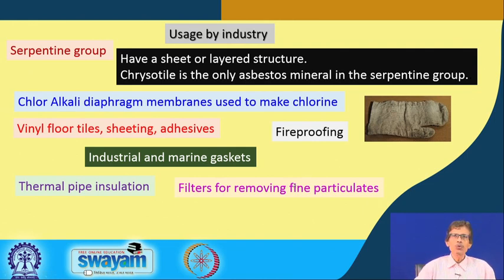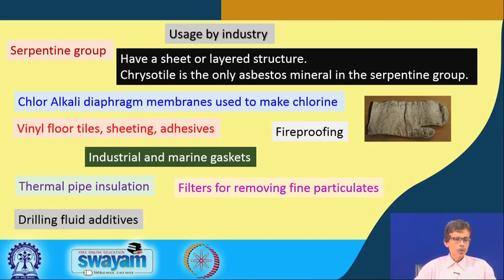So, it can be used as a filtering material, because the cellulose based filter paper cannot be useful sometimes. So, an asbestos based filtering membrane or diaphragm can also be useful sometimes.